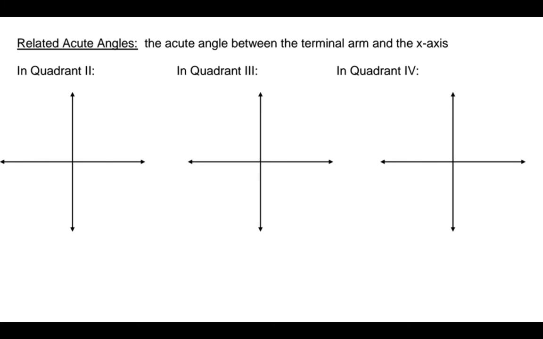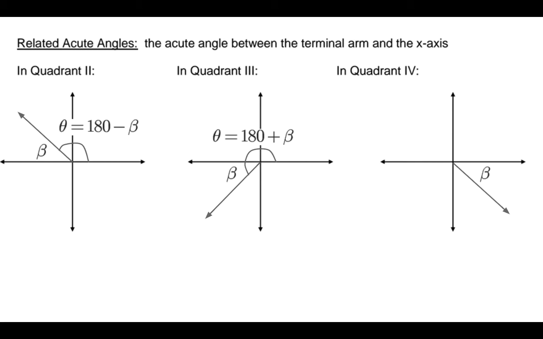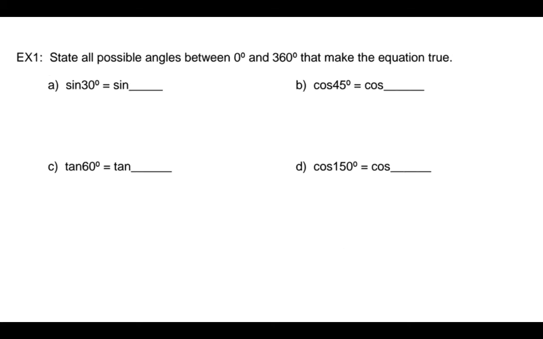If your related acute angle is in quadrant 2, your theta is found by subtracting from 180. If it's in quadrant 3, your theta is found by adding to 180. And if it's in quadrant 4, your theta is found by subtracting from 360.